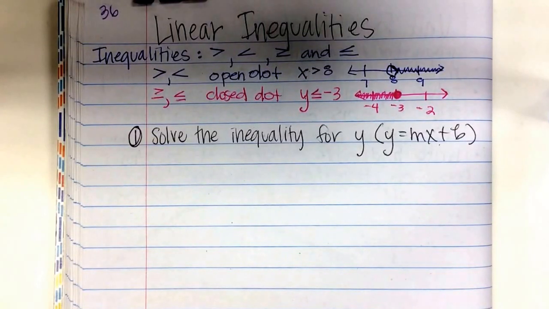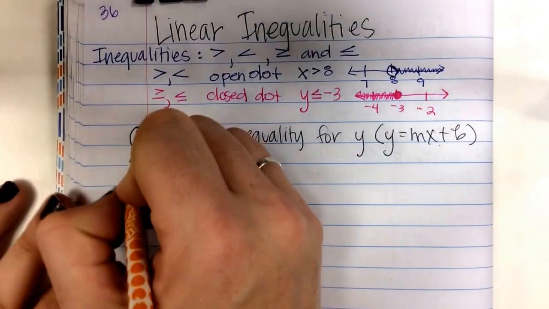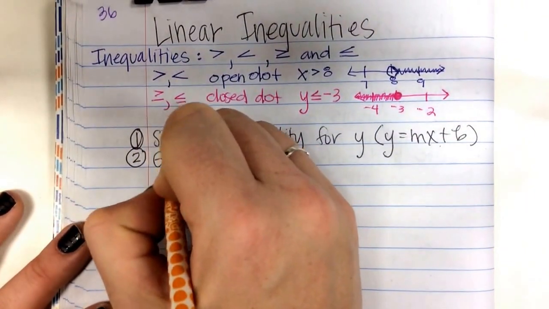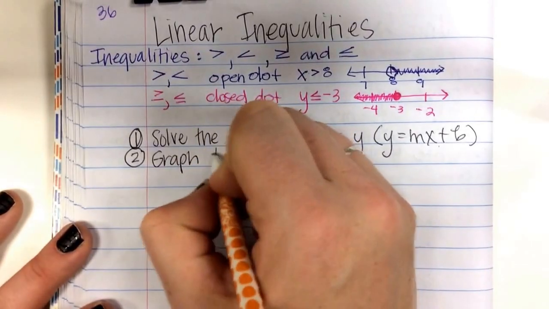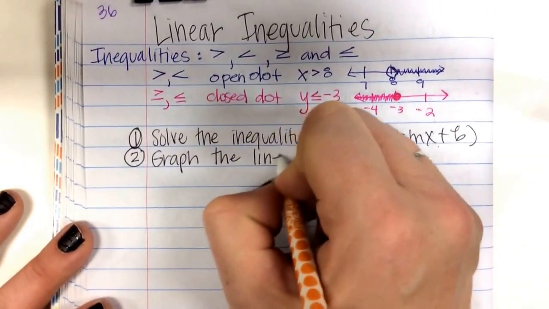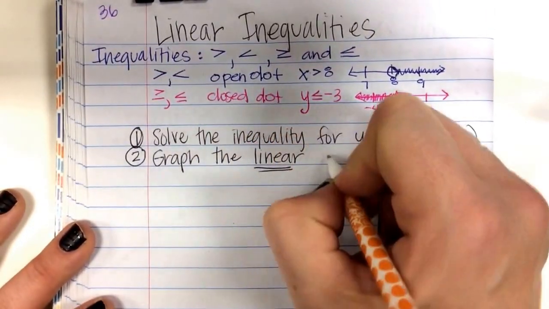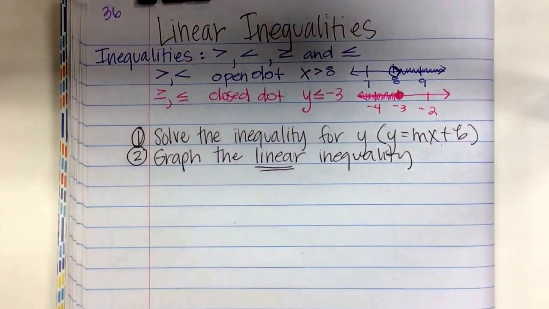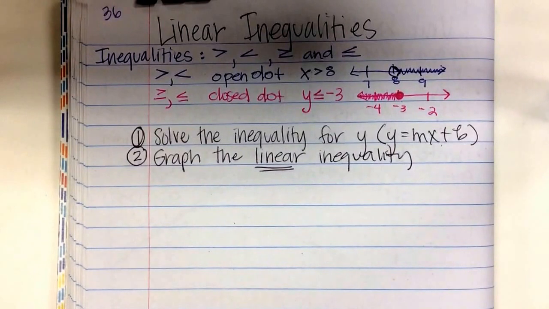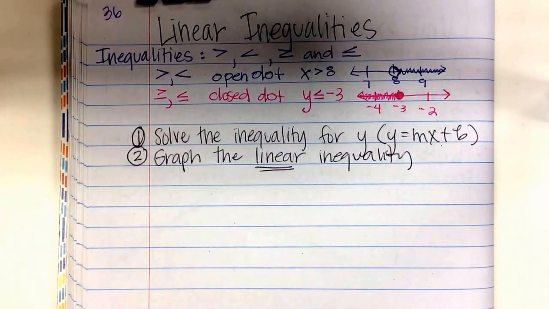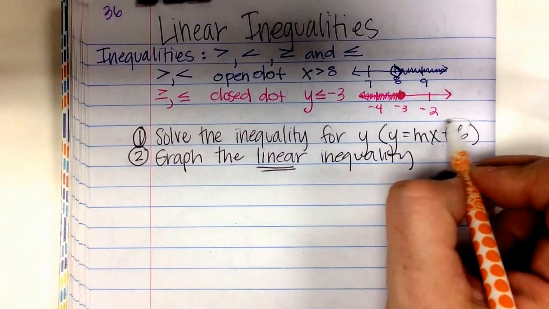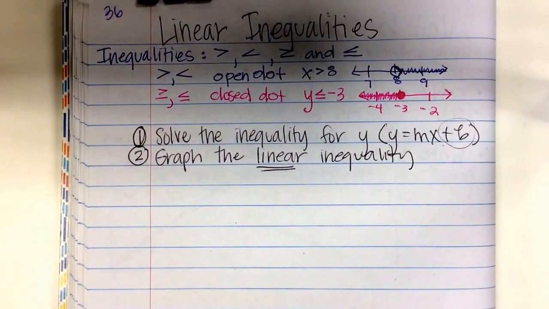So once you solve, maybe you can skip that, maybe it's already solved. You graph the linear inequality. So you find the intercept, you put a dot.